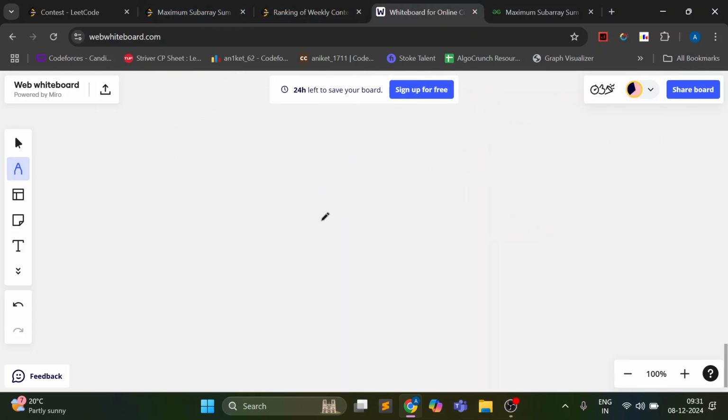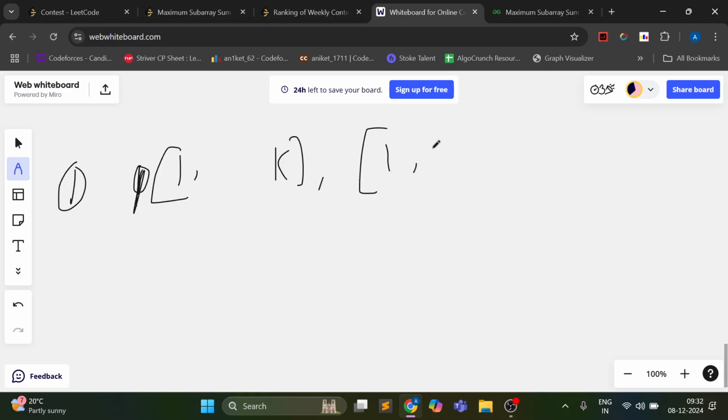Now, let's start with some observations. One of the possible subarrays would be, let's take one-based indexing, 1 to the first k elements. Another possible subarray can be 1 to 2k elements.